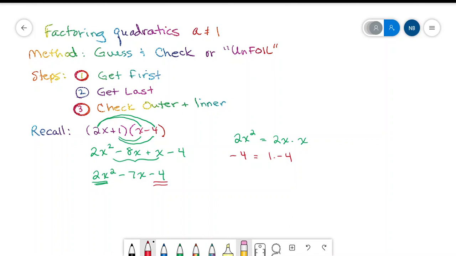But the negative 7x in the middle came from combining the outer product, negative 8x, with the inner product of positive x. When you add these 2 terms together, that's when you can see the negative 7x. So this is how I came up with the steps. Get first, get last, and then check O plus I. So let's apply it to a fresh example.